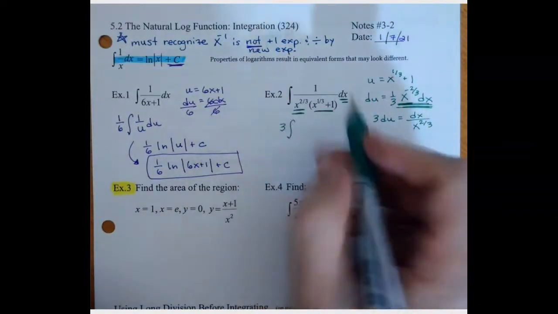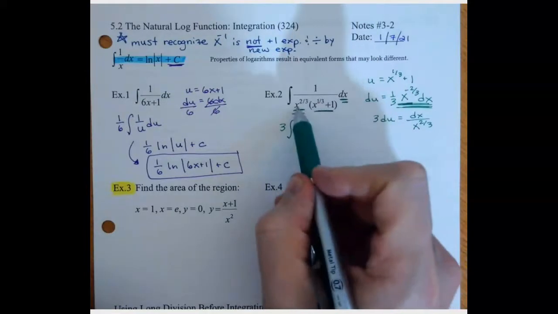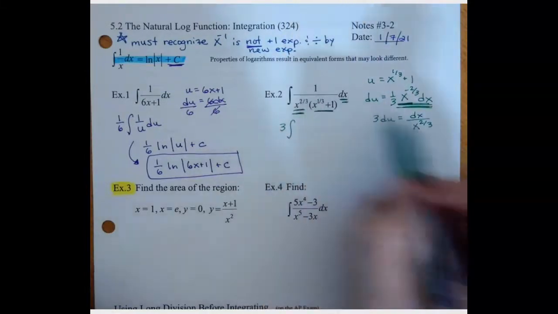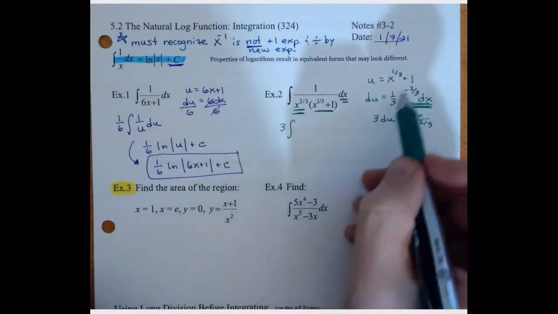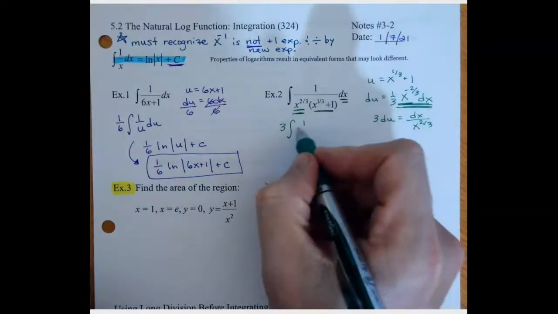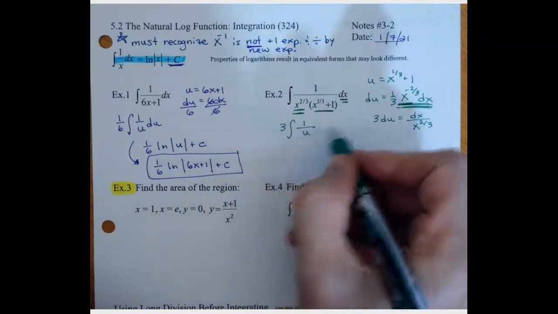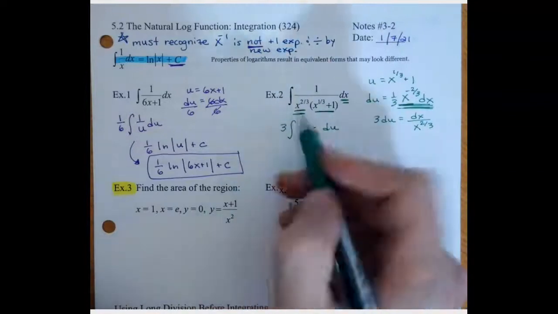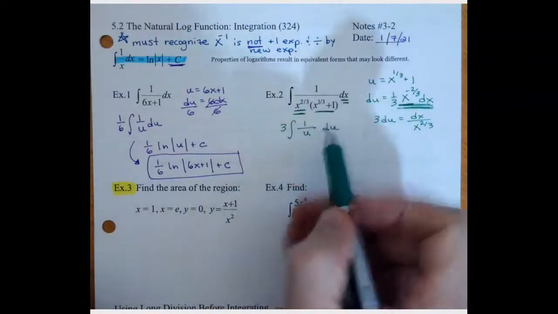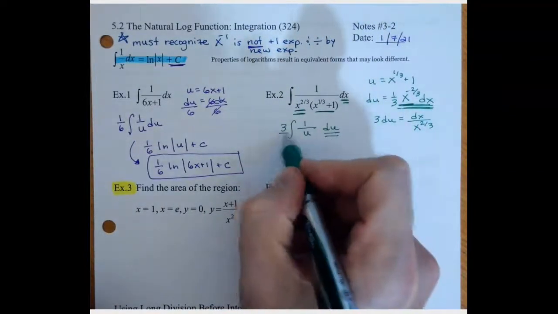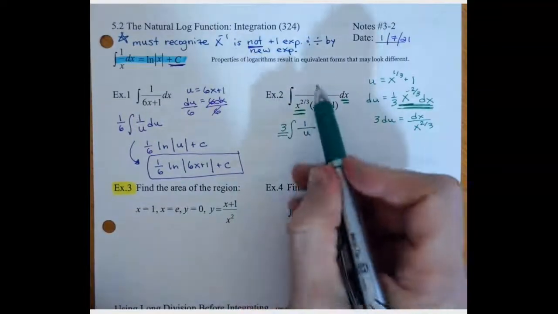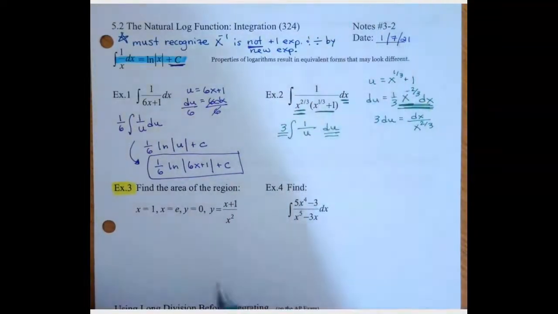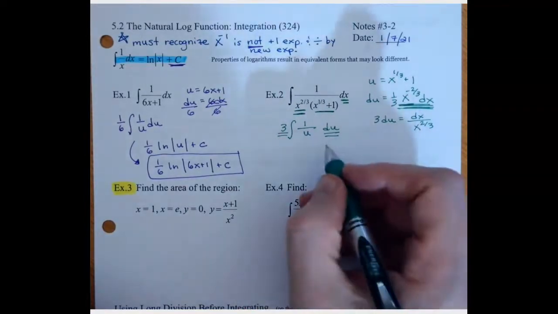So that's going to be 1 over x to the 2/3 dx is equal to 3 du. And then this is going to be 1 over u. Okay, so the double underline gets replaced with this, and then that's our 1 over u right there. So that's pretty nice, I think, hopefully.